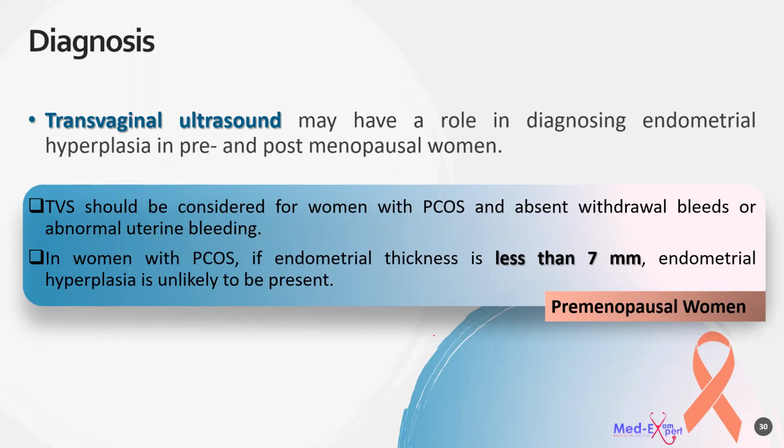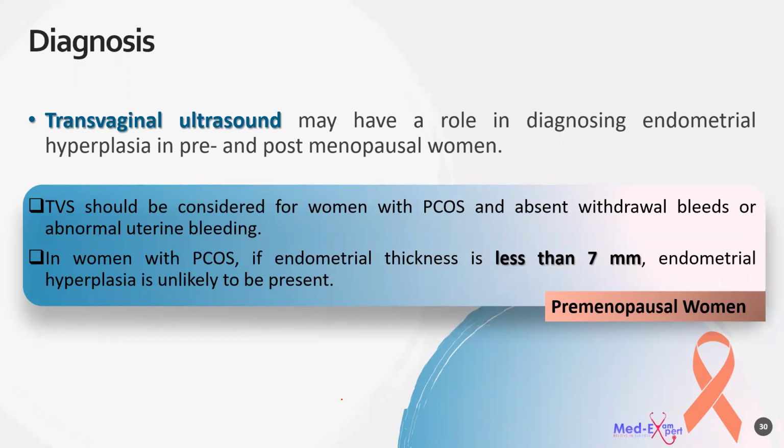Also in premenopausal women, TVS should be considered for women with PCO who are suffering absent withdrawal bleeds or abnormal uterine bleeding. But if you find that the thickness of the endometrium is less than 7 millimeters in women with PCO, endometrial hyperplasia is unlikely to be present.